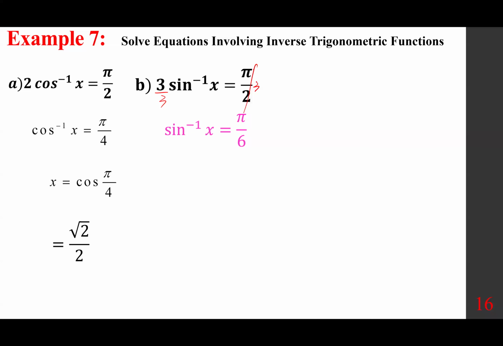So by definition of an inverse function, x must be sine of pi over 6, and that's a common arc. We know the sine to be 1/2. That's pretty straightforward.